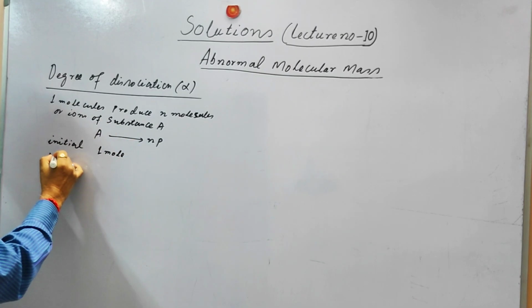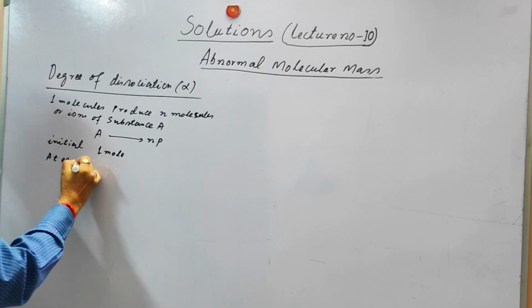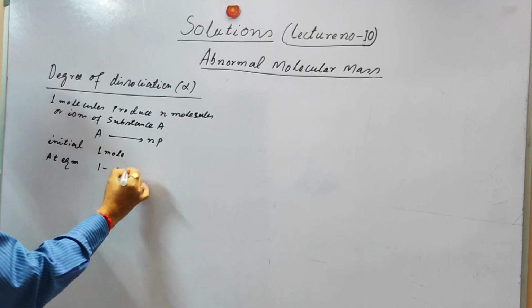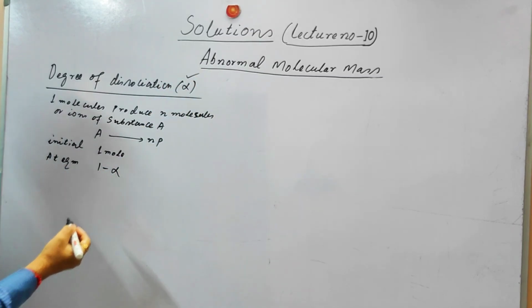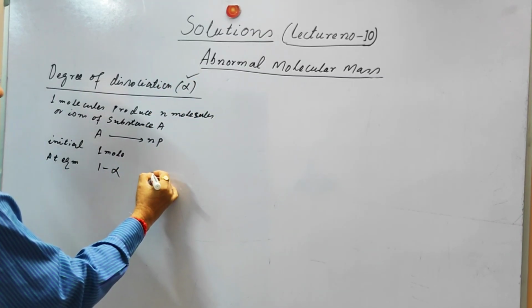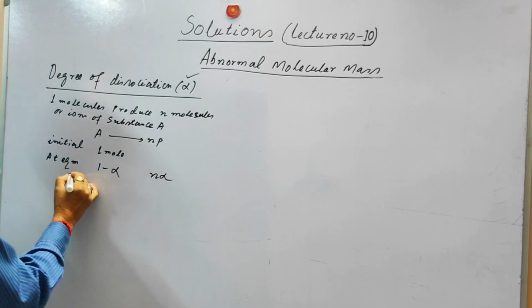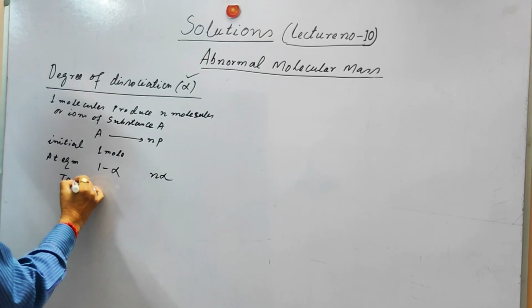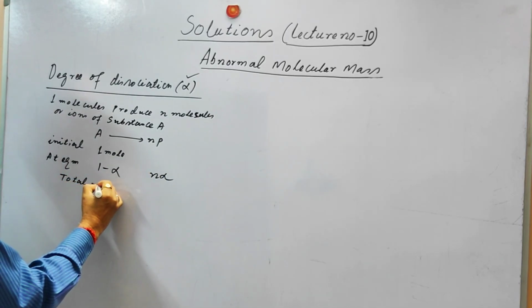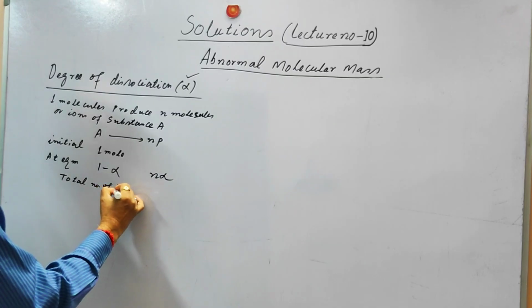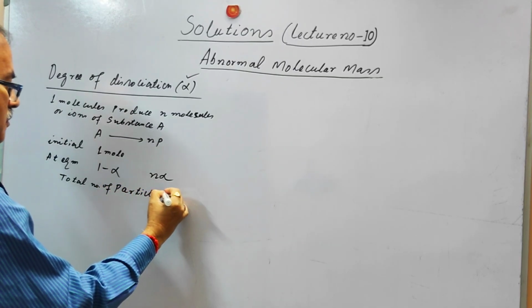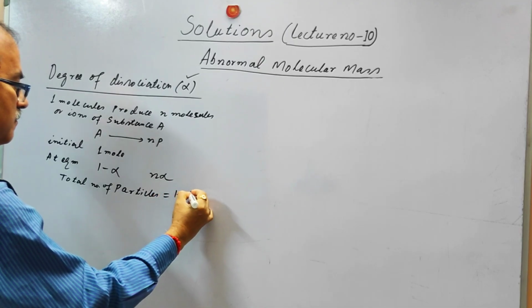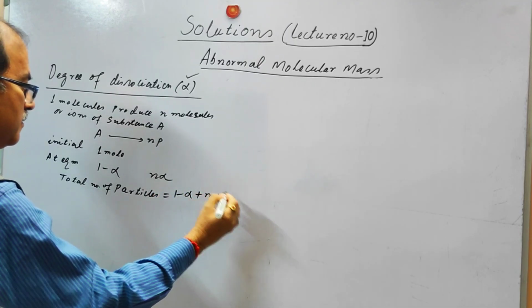At equilibrium it will be 1 minus alpha, because we have taken the degree of dissociation as alpha, so 1 minus alpha, and it will be n alpha. Very simple. The total number of particles is equal to 1 minus alpha plus n alpha.